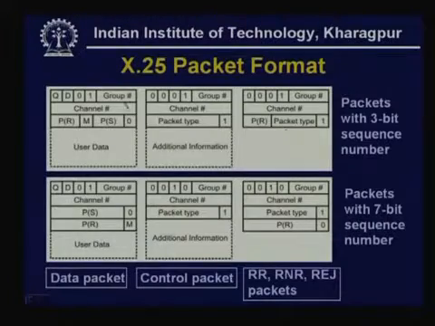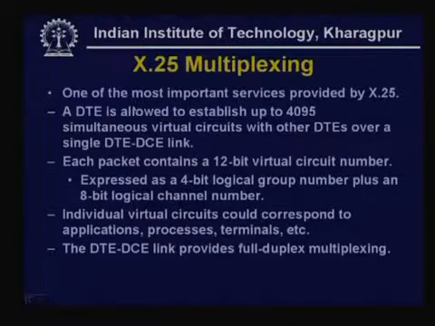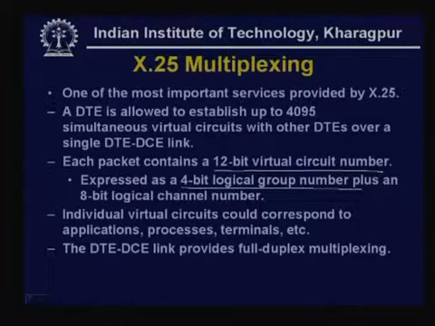These 12 bits, group number and channel number, allow up to 4095 virtual circuits to be created, and each packet contains a 12-bit virtual circuit number expressed as a 4-bit logical group number plus an 8-bit logical channel number, as I have mentioned.